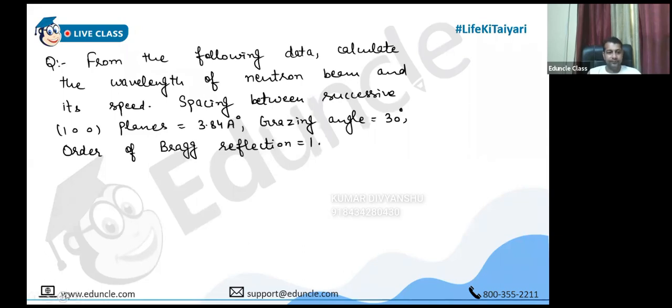Will you try this one? Now again, first you have to find lambda, and then you can make use of the relation lambda equal to h upon mv, and from there you can get the velocity of the neutron v.